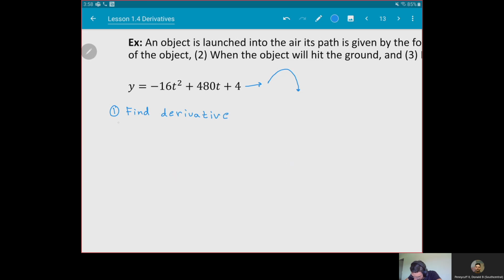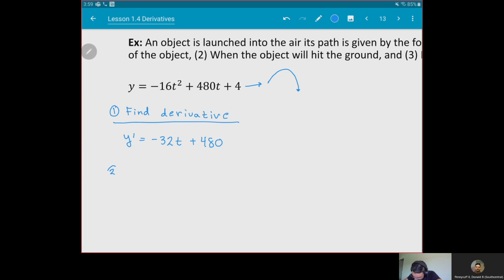Now remember that the derivative is the speed, the velocity. So just by doing this, I have found the speed of the item. And if you take the derivative again, you'll find the acceleration of the item.